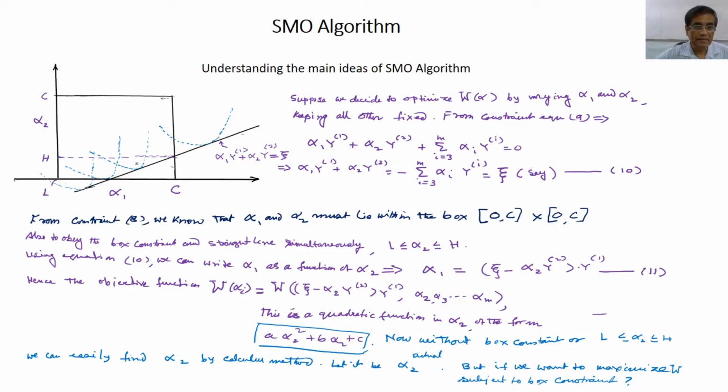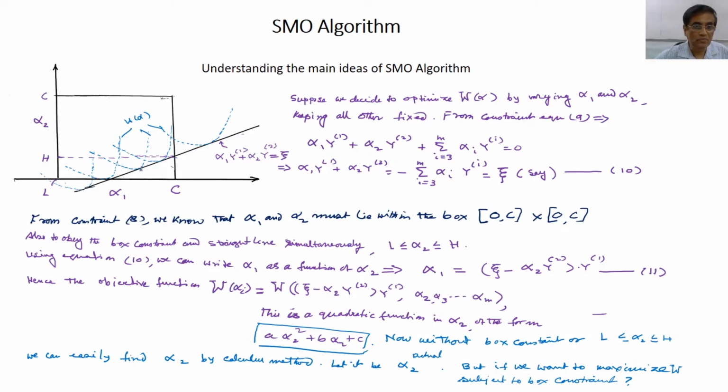These are the W alphas, different W alphas. As long as you are running the gradient descent algorithm to figure out the optimum point, and those functions are lying within this box, there is no problem.